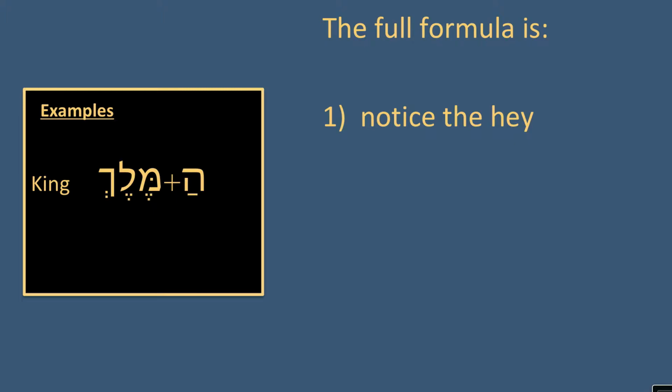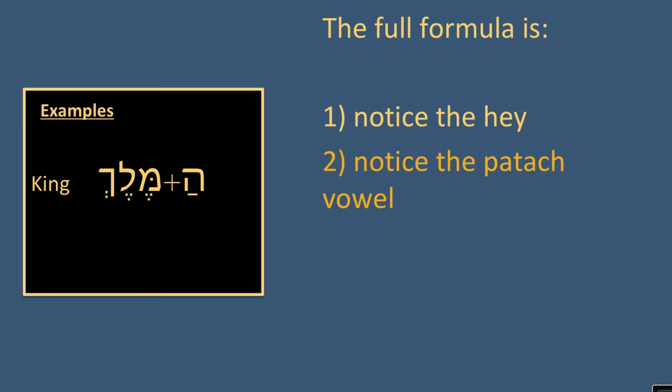So the full formula is our first step, yes, adding the hey in front of the word. But then notice that under the hey, there is a particular vowel, the patach vowel. So in order for the hey to act as a definite marker, it must have the vowel patach under it.